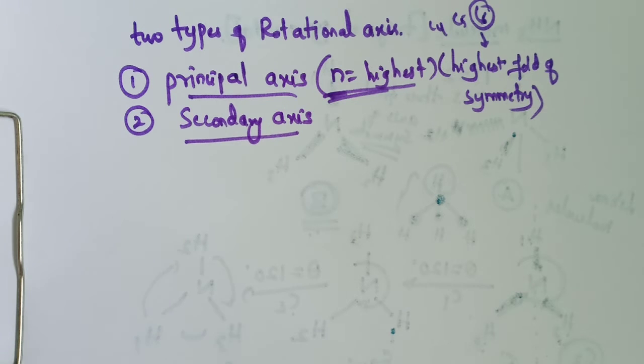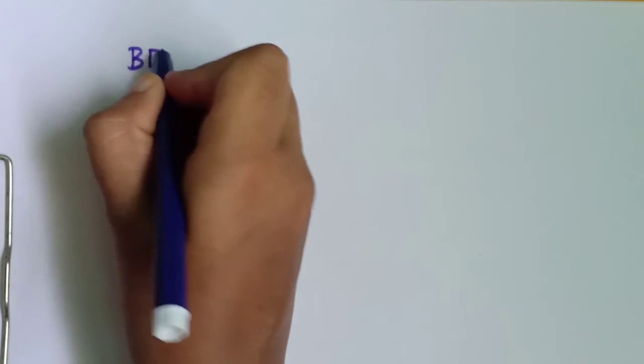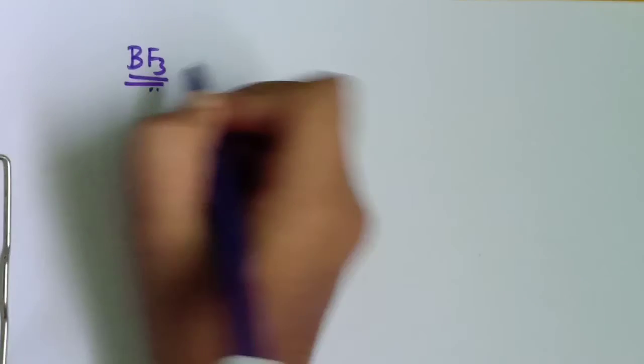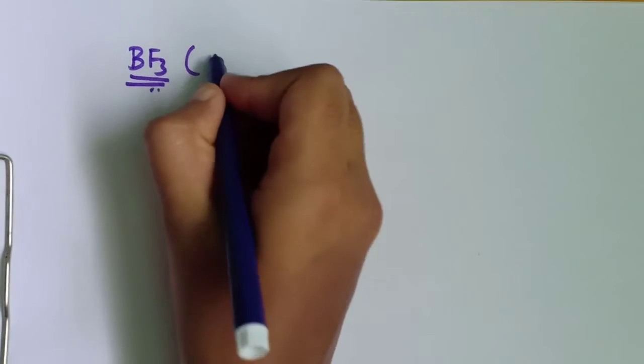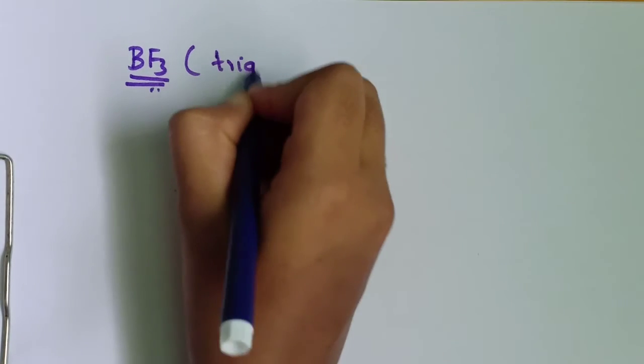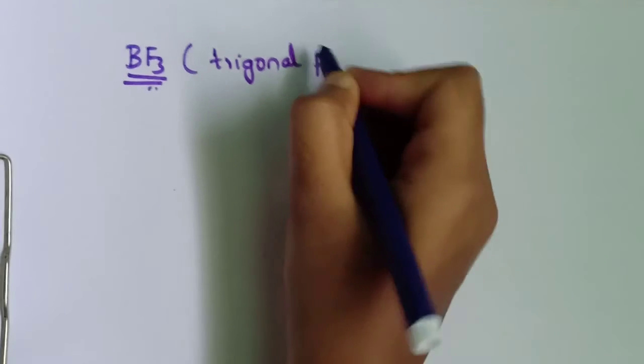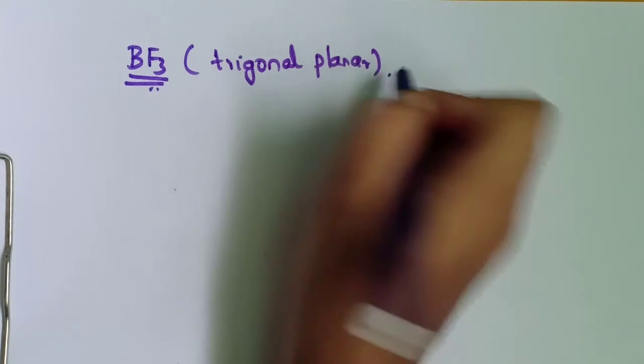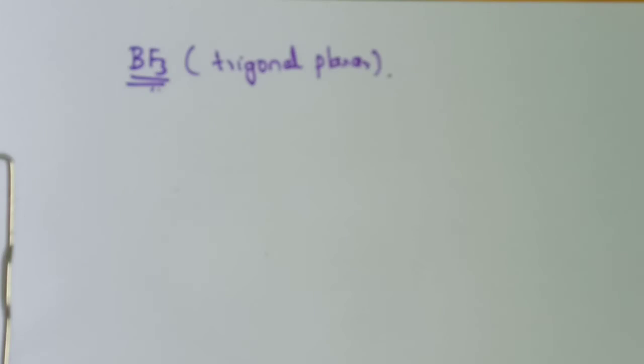Let's take the example of the BF3 molecule. In the BF3 molecule, first, it is trigonal planar. That means all the atoms are present on the plane of the paper, on the plane only.